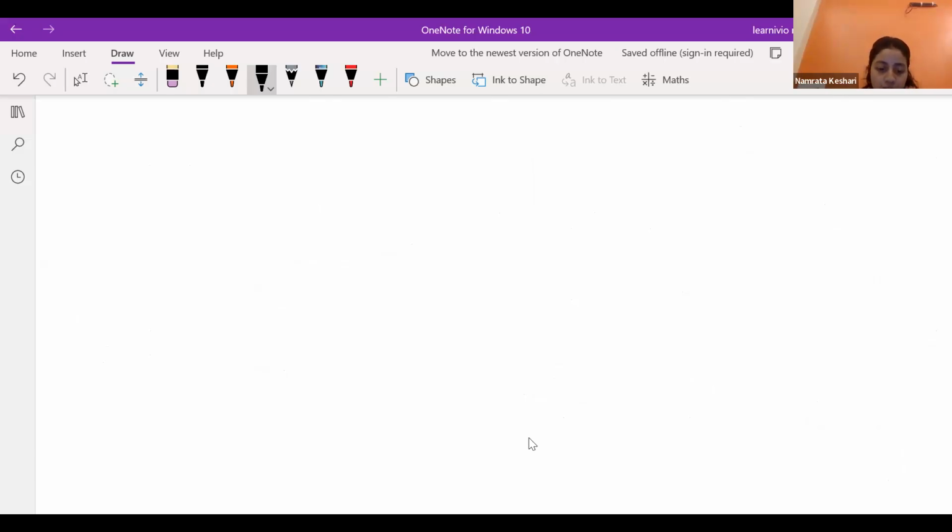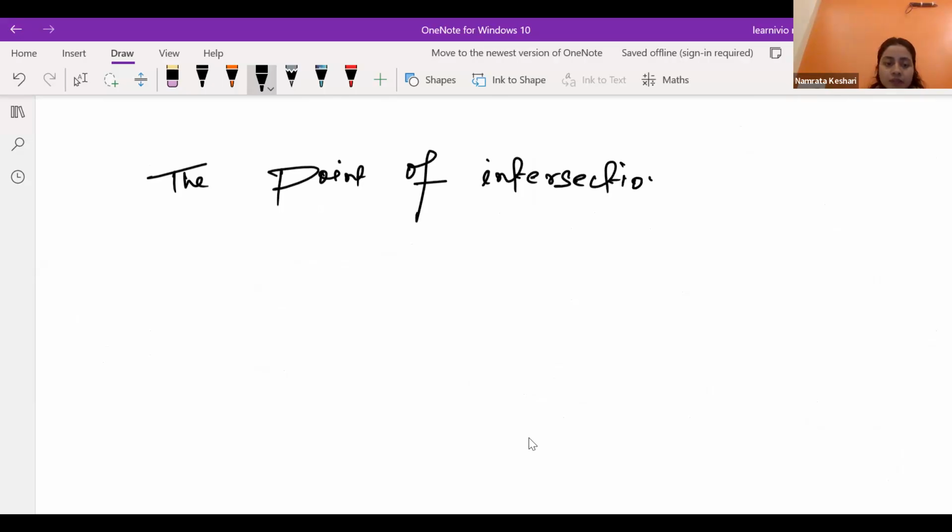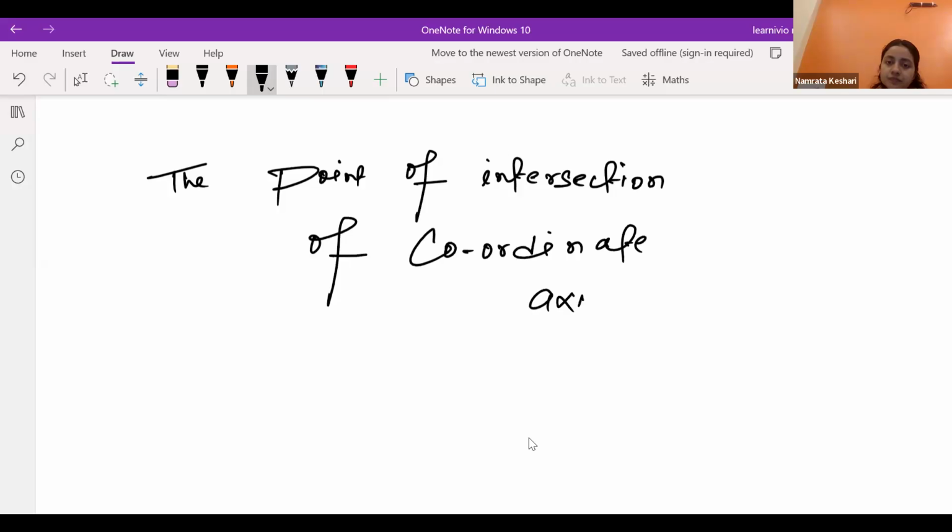Okay, we are almost done with this concept. The point of intersection of coordinate axes is nothing but the origin, that is (0, 0).